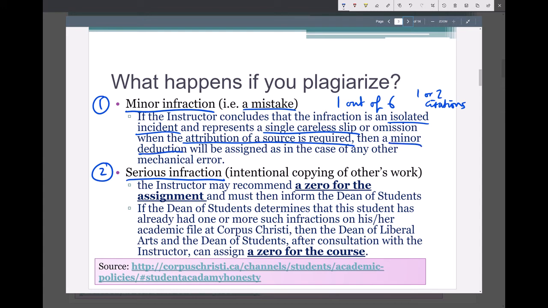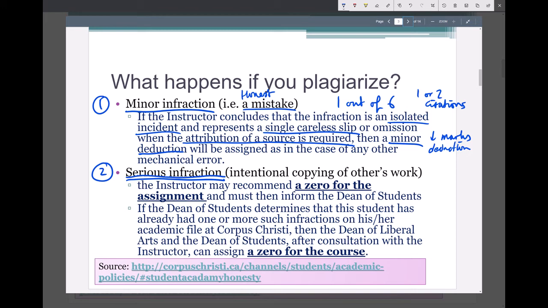Then you get some marks off, a deduction. But you won't get a 0 because you're making an honest mistake. Which happens, and you do your best to learn from those, and we want to encourage you to keep going. Keep practicing.